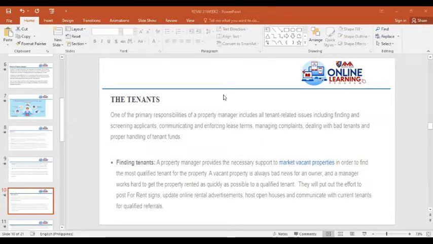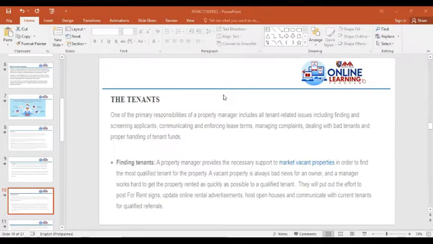So for finding tenants, a property manager provides the necessary support to market vacant properties in order to find the most qualified tenants for the property. So a vacant property is always bad news for an owner, and a manager works hard to get the property rented as quickly as possible to a qualified tenant.